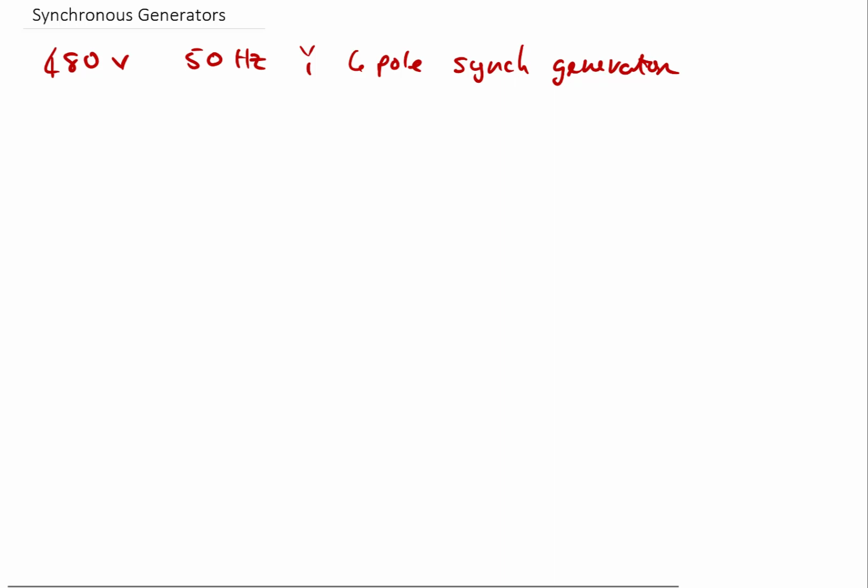And we have a synchronous reactance of 1 ohm per phase. And let's assume that we have an armature current at full load of 60 amps.